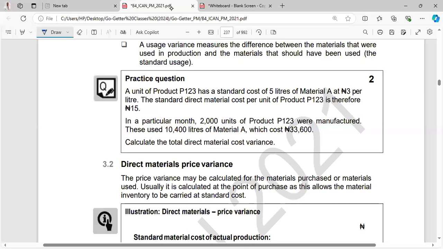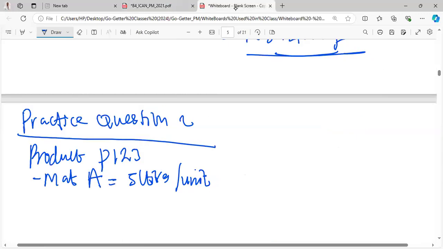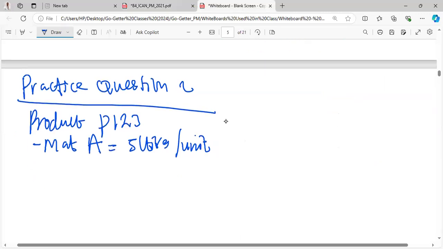At 3 naira per liter. Then, so this is the usage. Then this is 3 naira per liter. This is the cost.